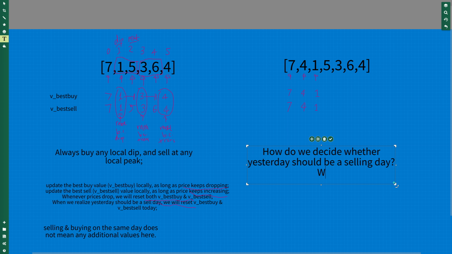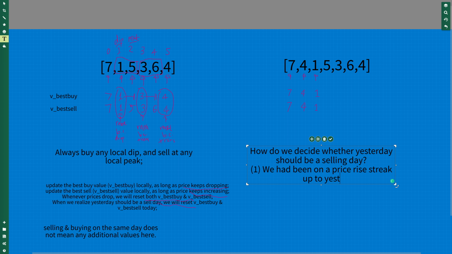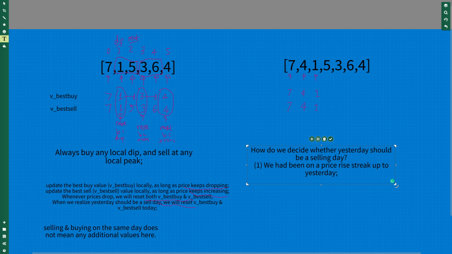So we have two conditions. One, we had been on a price rise streak up to yesterday. Two, today is a drop compared to yesterday.